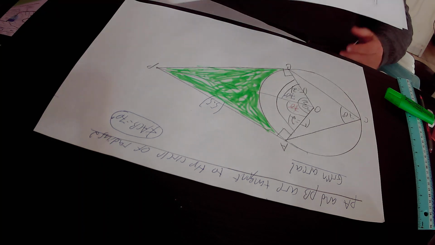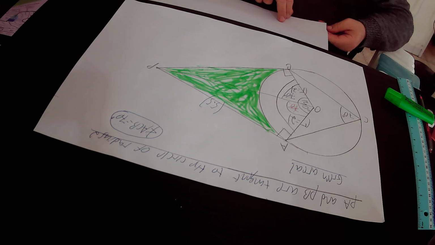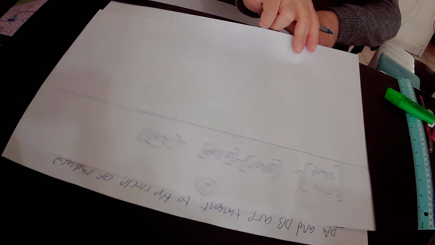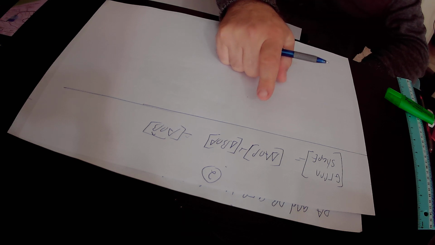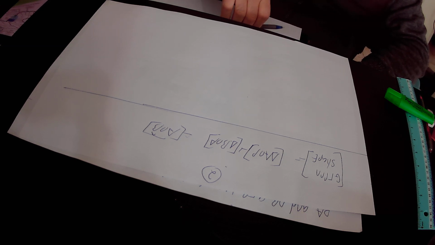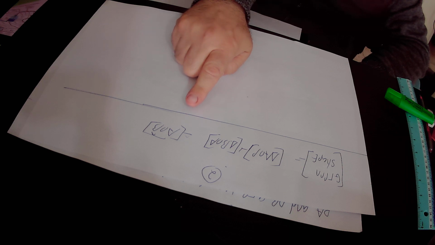So, we found out that the area of the green shape in total is equal to the area of the right upper triangle AOP plus the area of the right lower triangle BOP minus the area of sector AOB.